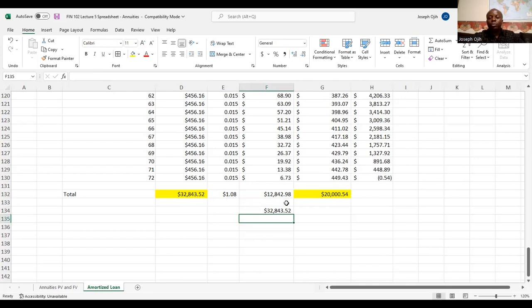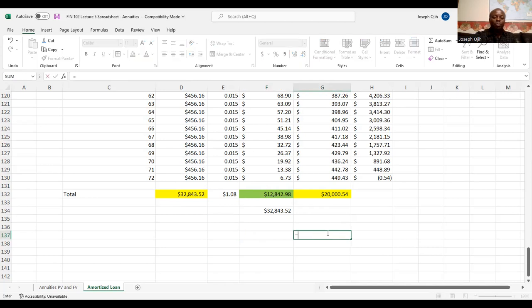So you paid a total of $12,842. Sorry, $12,842.08 on interest for the bank. See, this side represents the profits that the bank made by giving you that loan. So then you can see why the bank is always willing to give you a loan.